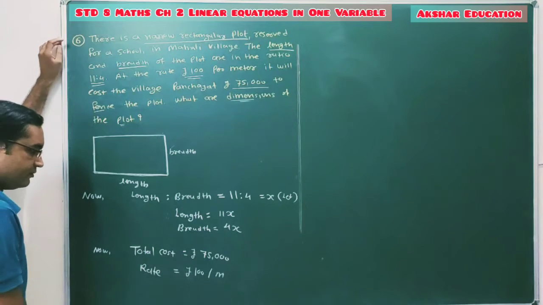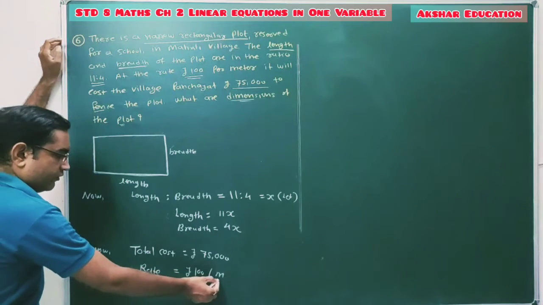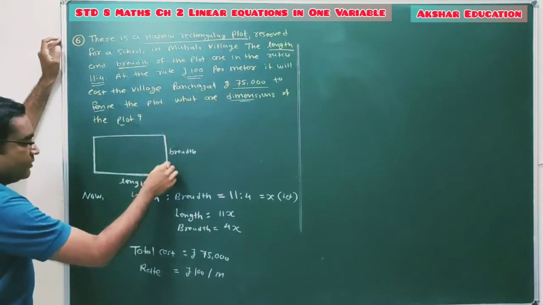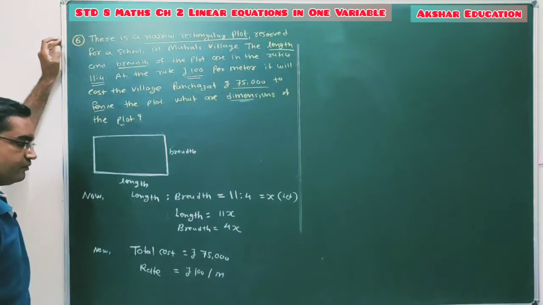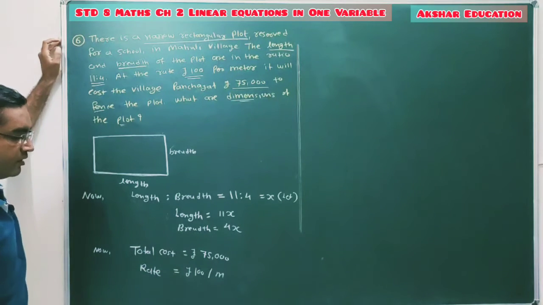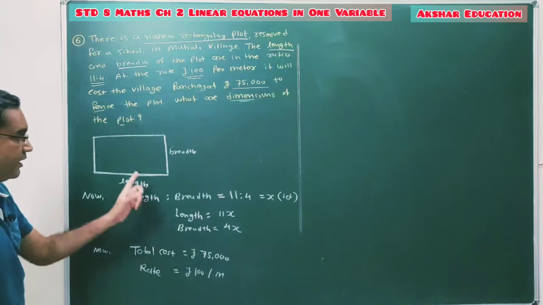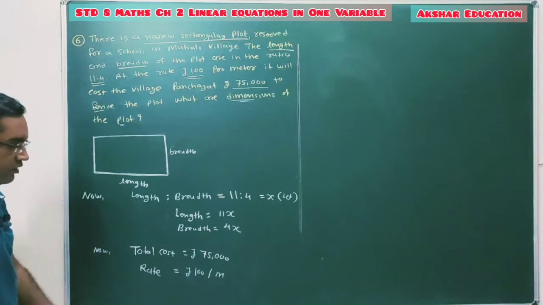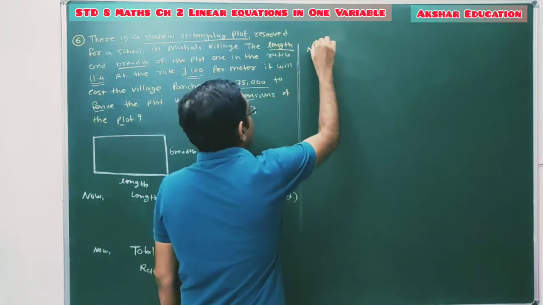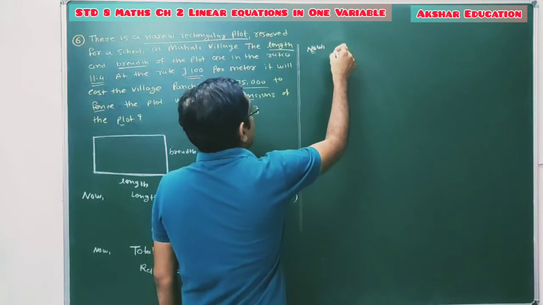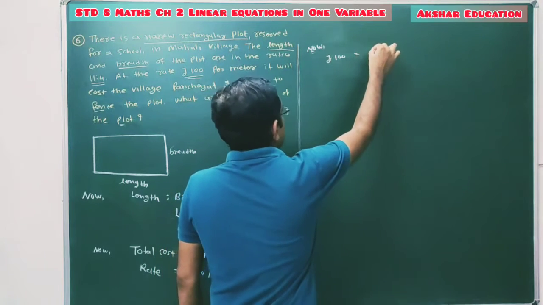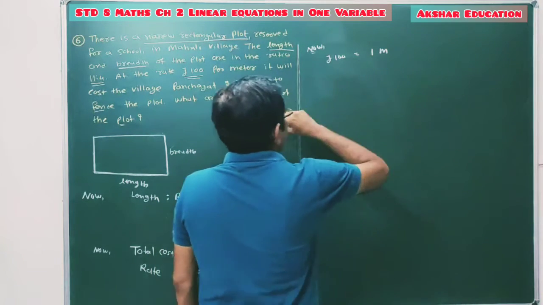So here we can say that if we fence 1 meter of the length, it will cost 100 rupees. So for the 75,000 rupees, what should be the length that can be fenced? Done? So we will get the length. Here we can use the unitary method, that is 100 rupees will cost 1 meter.